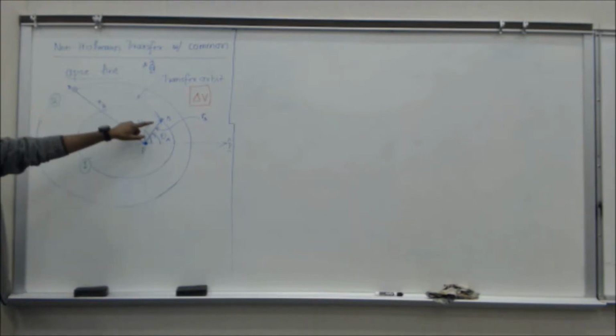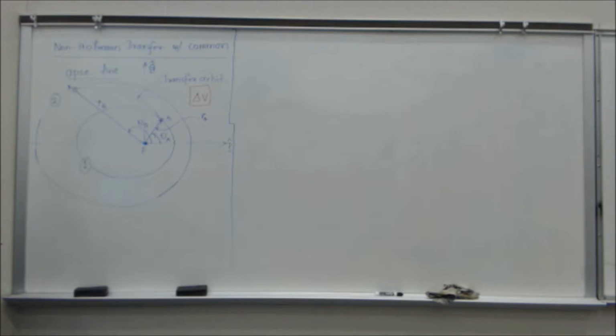So for you, how many impulses? This is again an impulse maneuver. Your goal is to get from this orbit to this orbit. How many impulses would you need? You need 2 impulses.